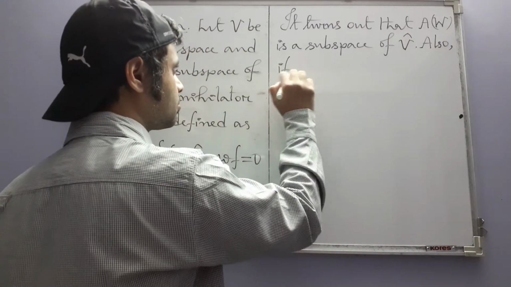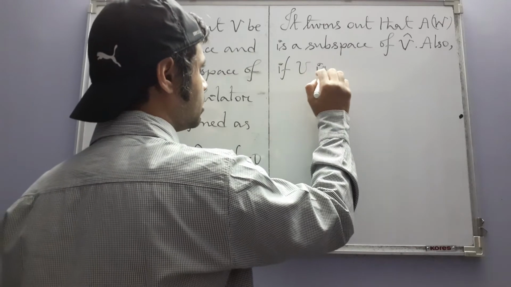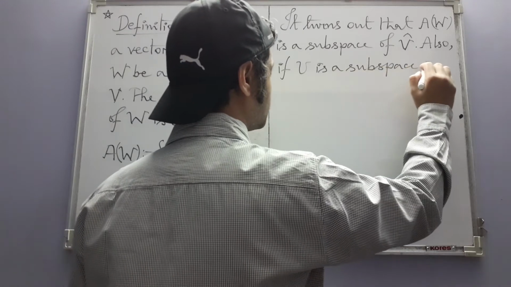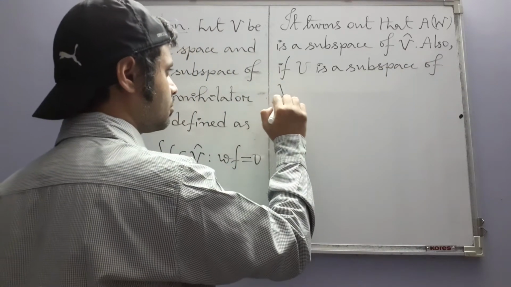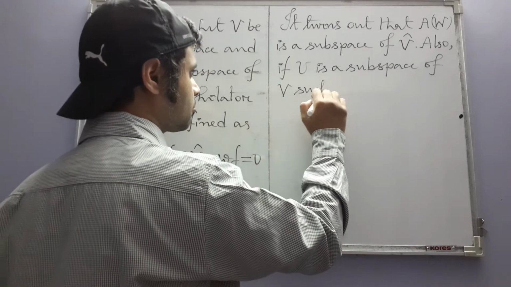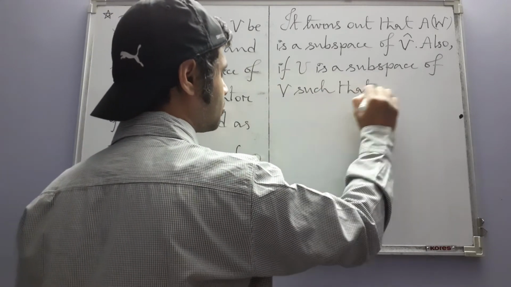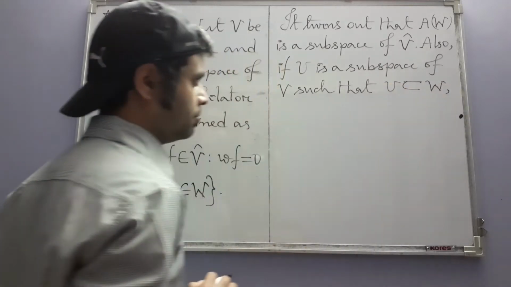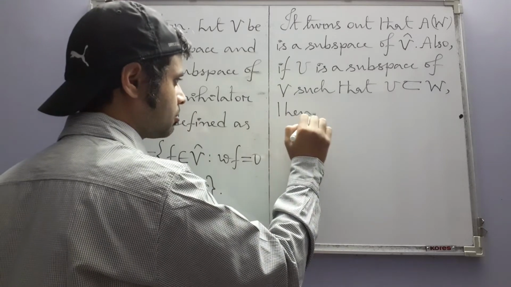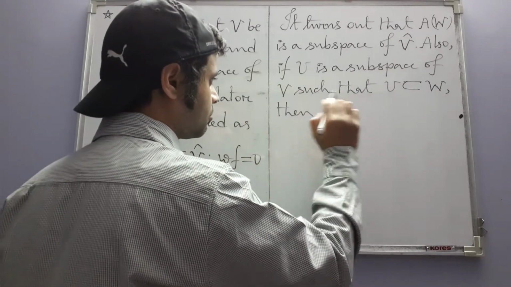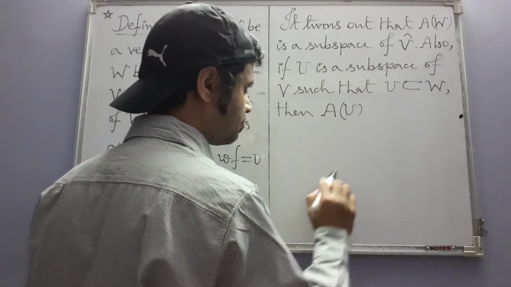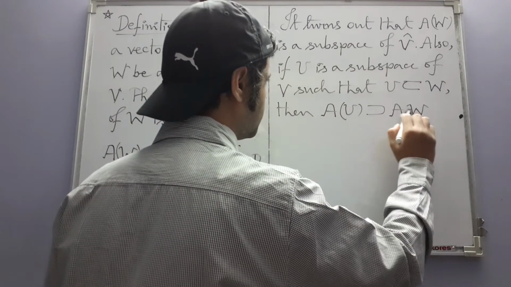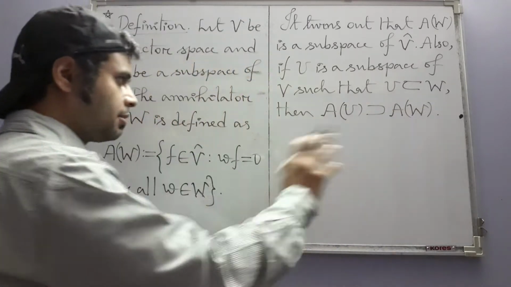If U is a subspace of V such that U is contained in W, then A of U, the annihilator of U, contains the annihilator of W. That is, it gets reversed.